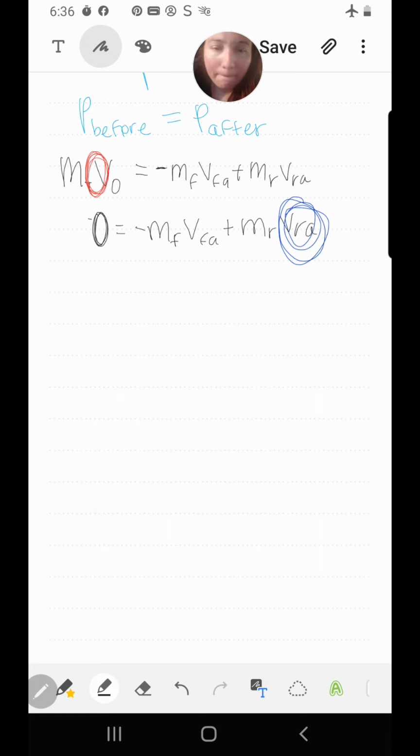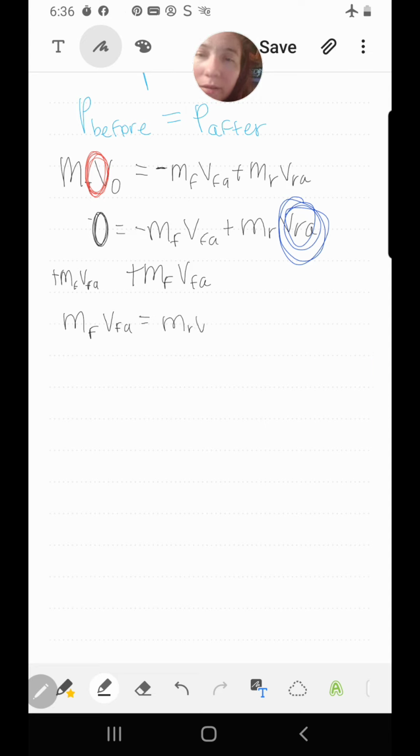So let's just add the mass of the fuel and velocity of the fuel to this side. That equals the mass of the rocket times the velocity of the rocket.